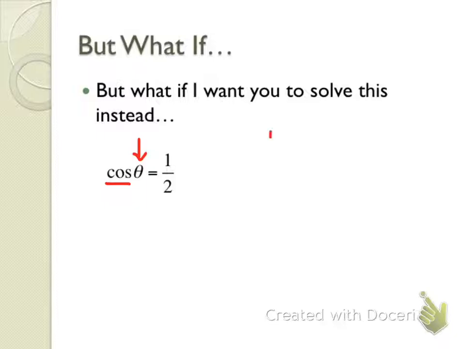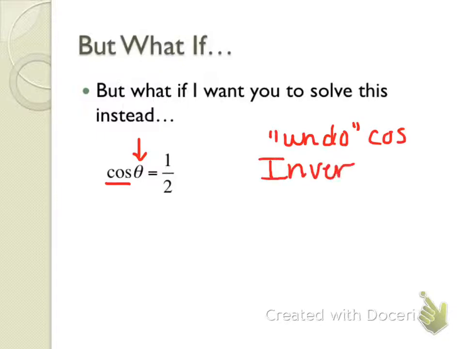And the way to undo the cosine is with something called the inverse cosine. And the notation for that is cos to the -1.